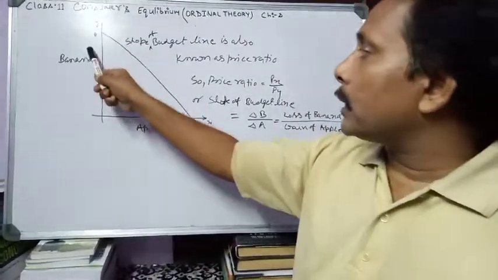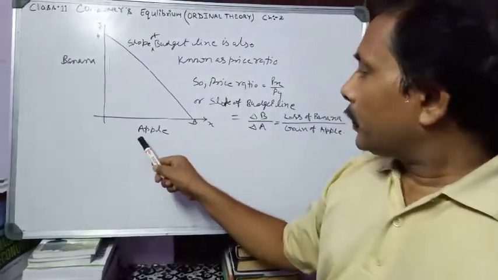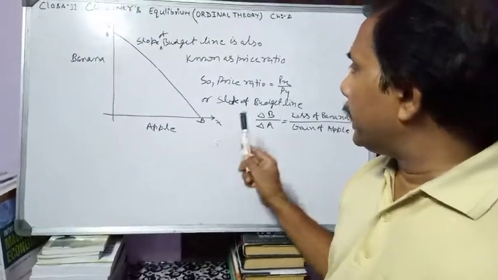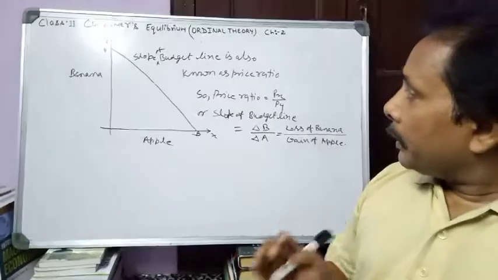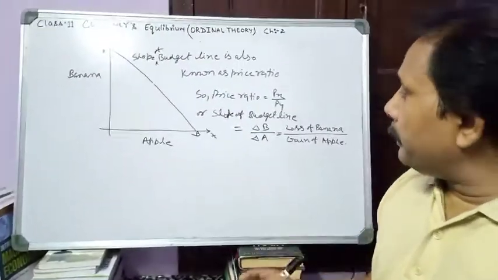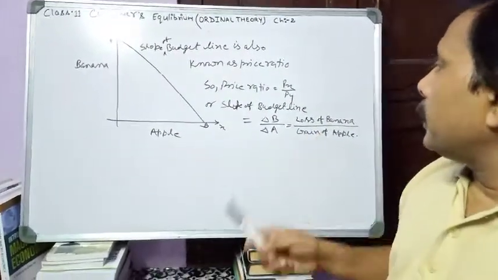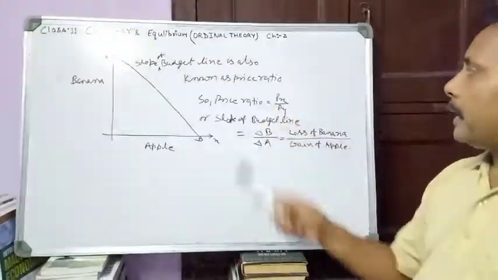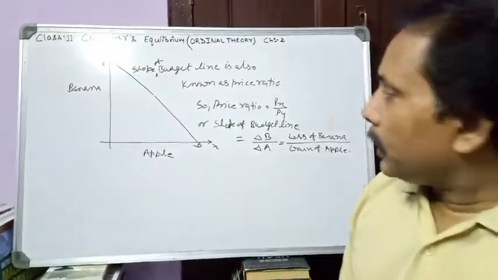Unless we sacrifice the banana, the number of units of apple will not be increased because our budget is limited, and due to that we can say that slope of budget line is also known as price ratio.